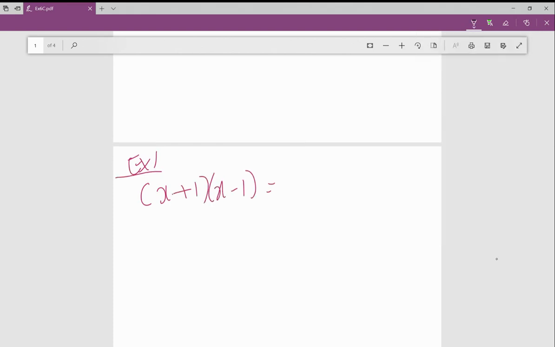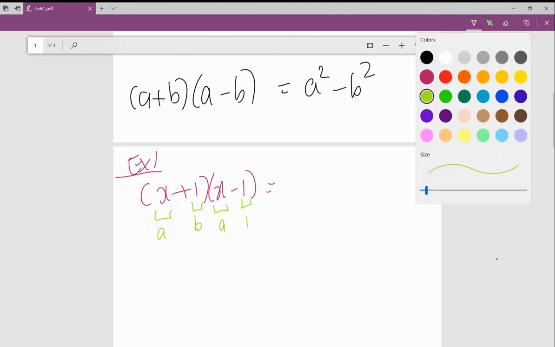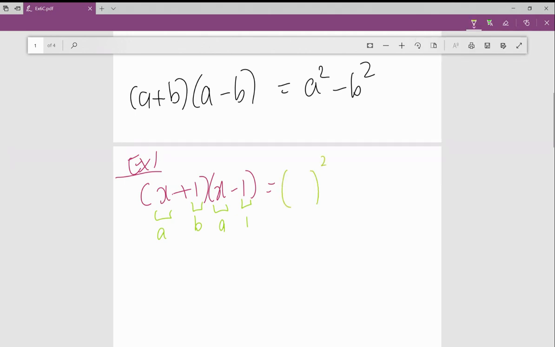The formula above was (a plus b)(a minus b) equals a squared minus b squared. In this case, a is x and b is 1. So it is equivalent to a squared minus b squared, where a is x, b is 1. So the answer is x squared minus 1.